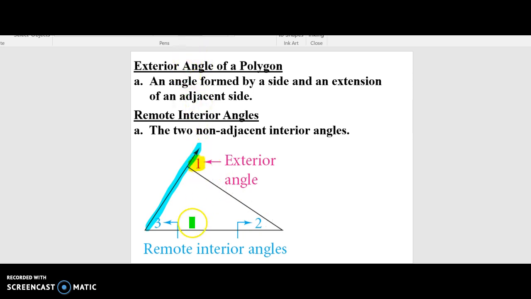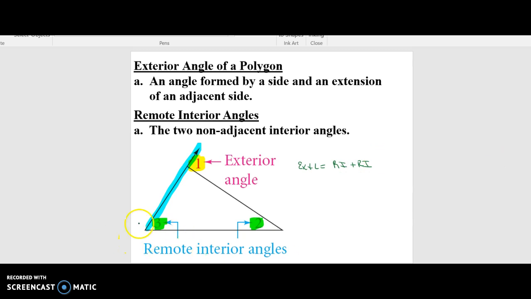If 1 is my exterior angle, 3 and 2 are known as the two remote interior angles. And we say the exterior angle is equal to the sum of the two remote interior angles.